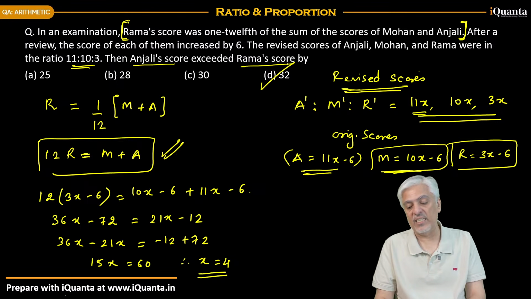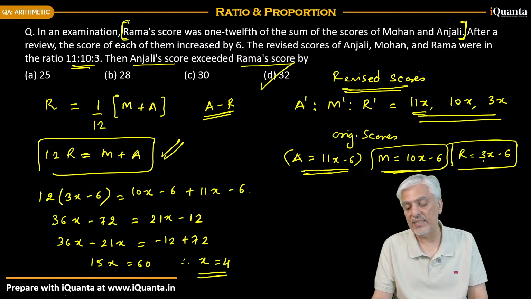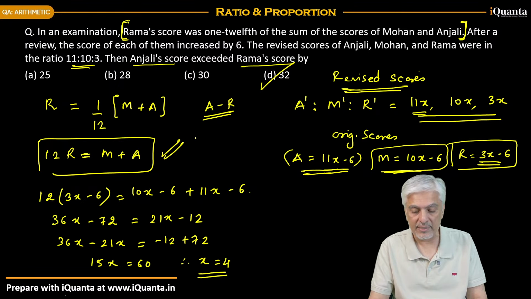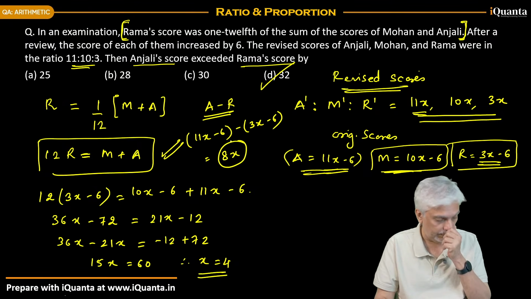Difference between Anjali and Rama. Anjali minus Rama: 11x minus 6 minus 3x minus 6. Minus 6 plus 6 will cut. If you open the bracket, you will be left with 8x. 8 into 4, 32.